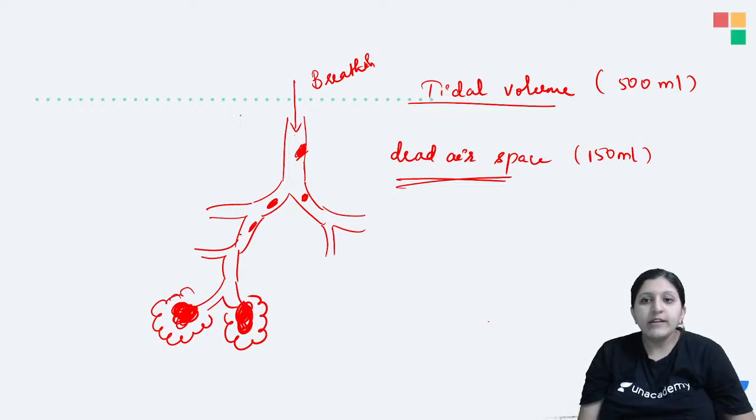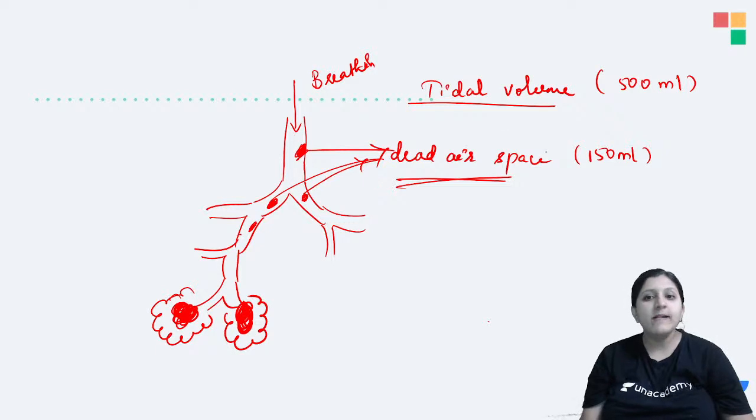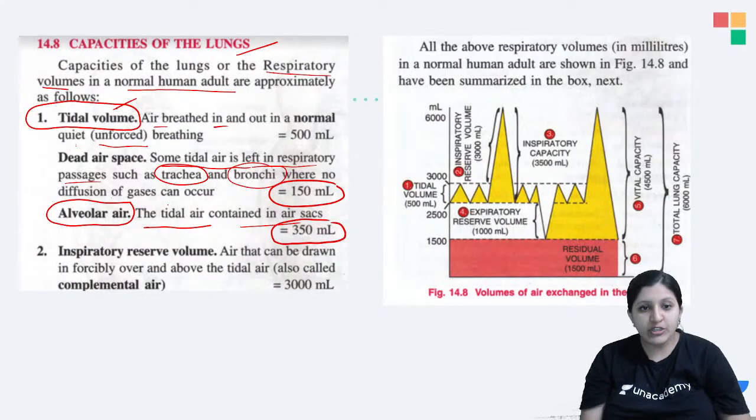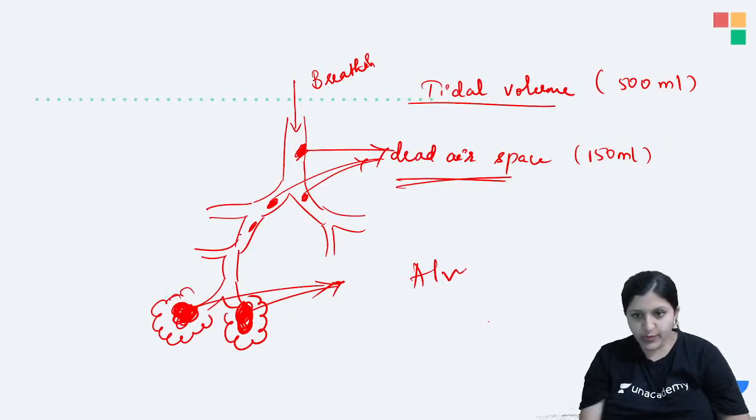All this air which is still remaining over here, we mention as the dead air space, and the one which is reaching the alveoli, we mention as alveolar air, and it is about 350 ml.